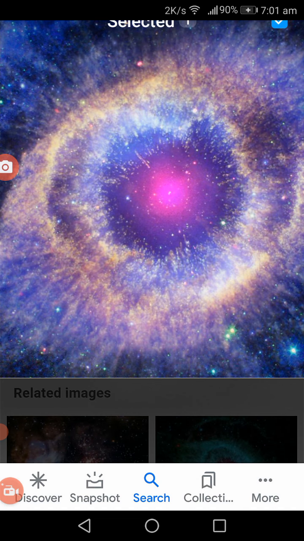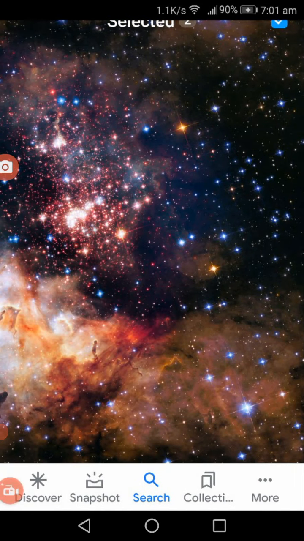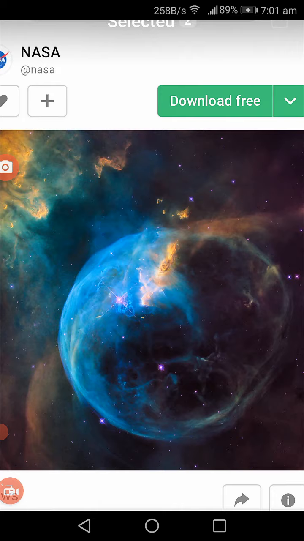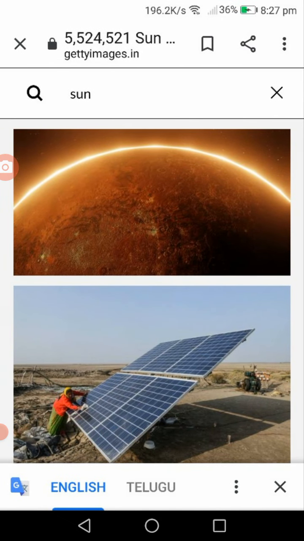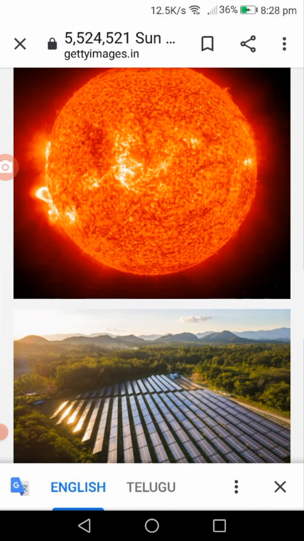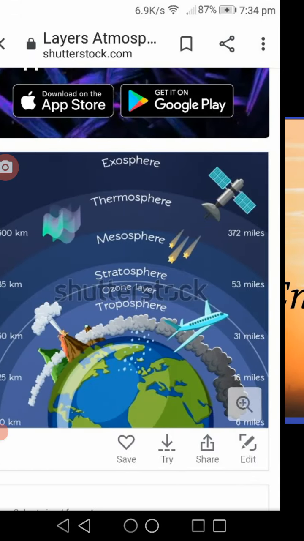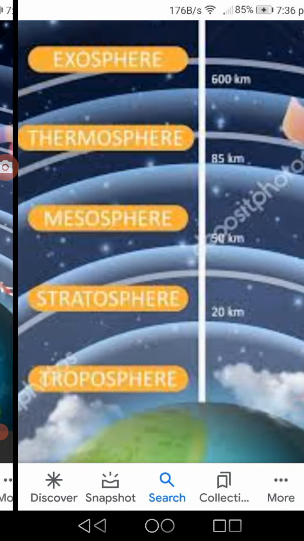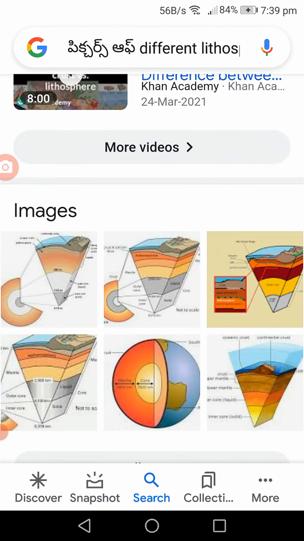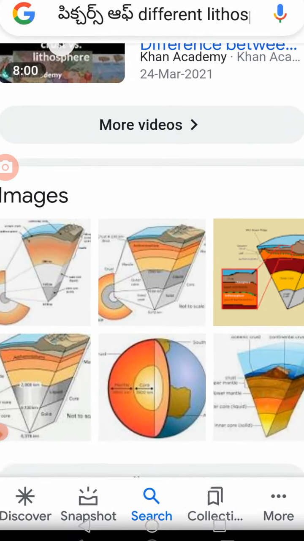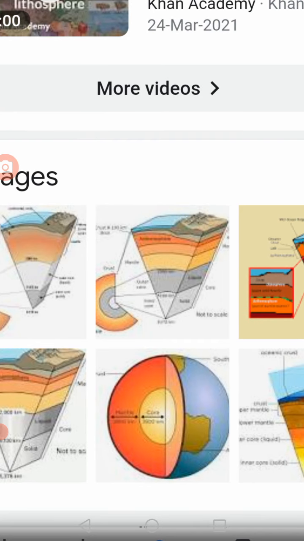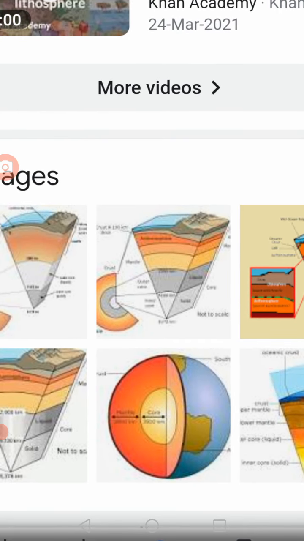Next is the interior of the earth. How is the interior of the earth? If you observe, the earth is made up of different layers like an egg, and they differ from one another in thickness. In this picture, you can see three layers. One is the crust, the second is the mantle, the third is the core.